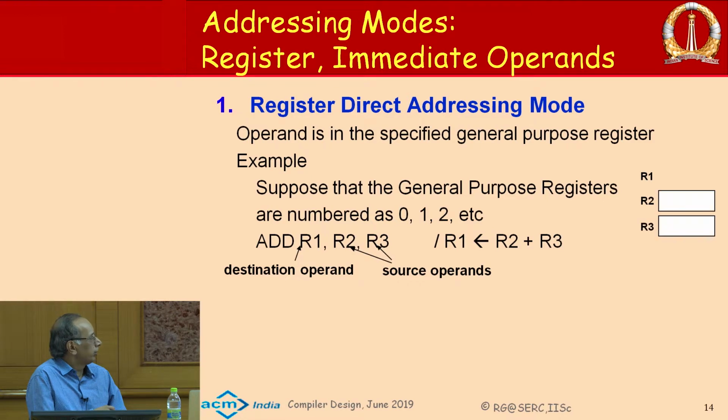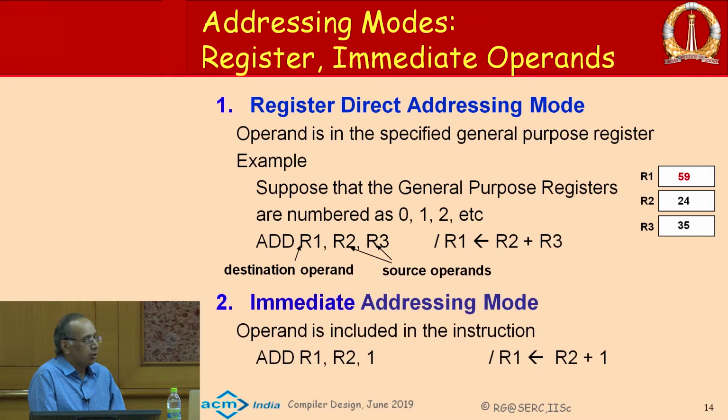So, here is an example. What should go into R1? If you assume that these are decimal numbers, then it should be 59. Of course, all of this is going to be stored in hexadecimal, or binary. Let us talk about the next addressing mode, which is called the immediate addressing mode.